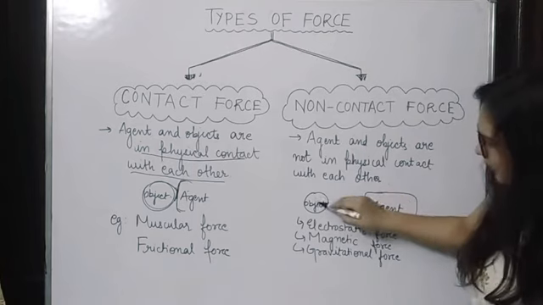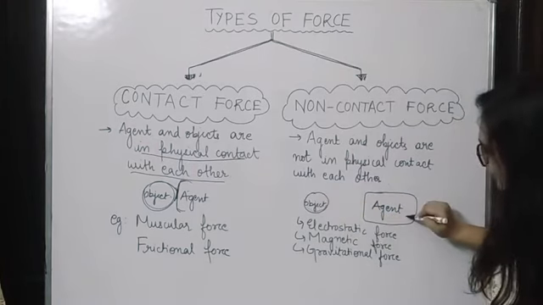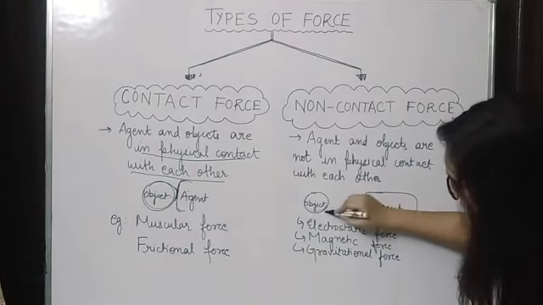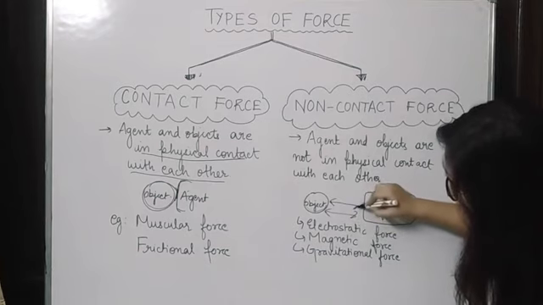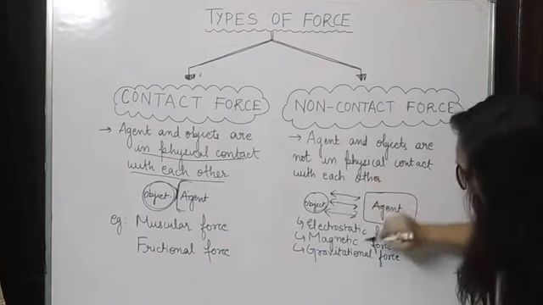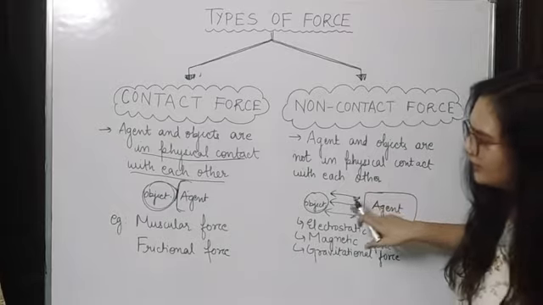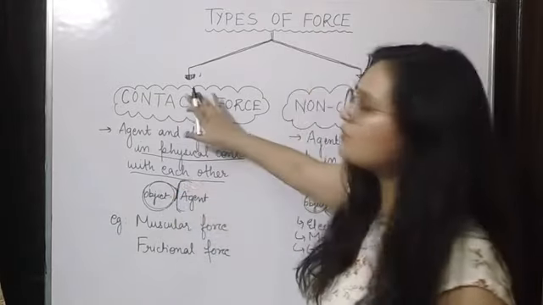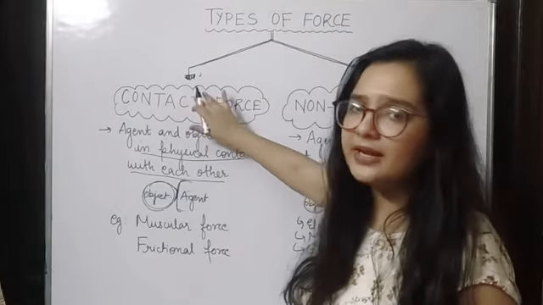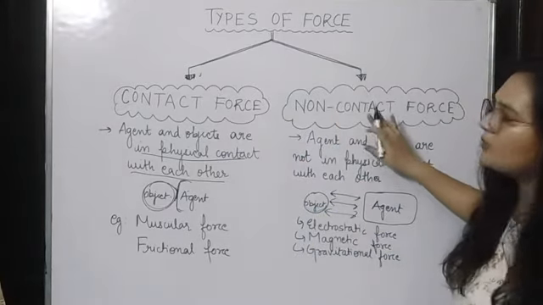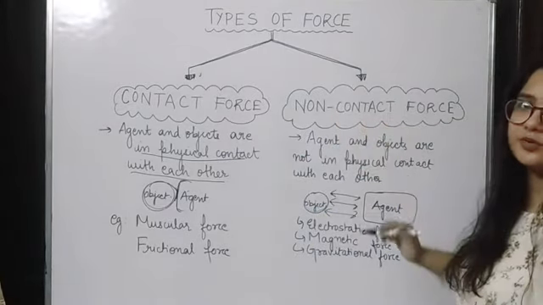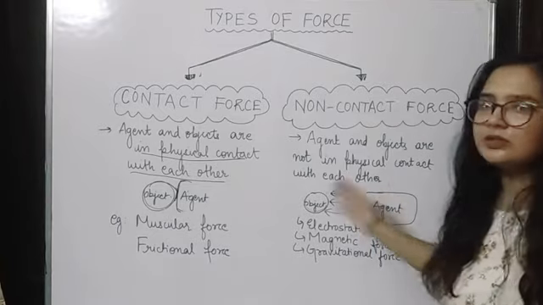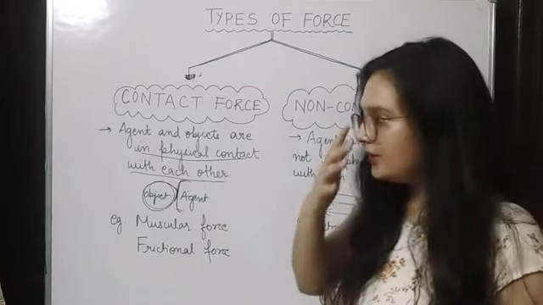See, I have drawn, the object is here and your agent is here. Can you see the distance between both of them? Here you cannot see the physical contact between them, and here the physical contact is present, and that is why these forces are known as contact forces, and these forces are known as non-contact forces. So I hope you're clear with the terms contact and non-contact.